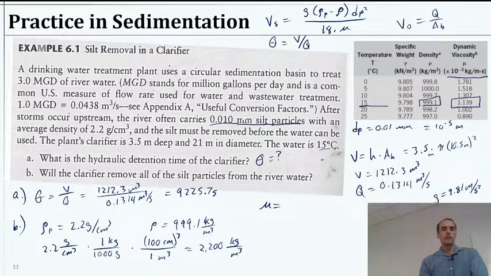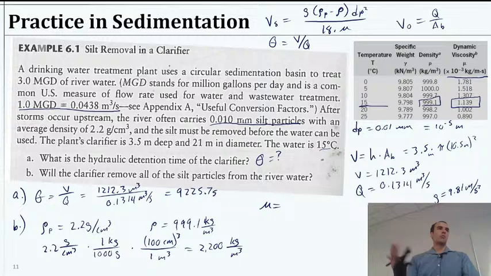And then it gives us an exchange, or we could look up the gallons per day and convert that to cubic meters per second, but it just gives all that conversion to us right here. And so what I did was I said Q, and I did this in Excel, I'll show you in a moment, is 3 times that value because we're doing 3 mgd.